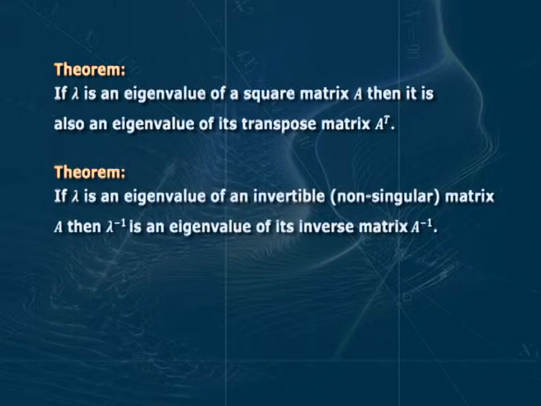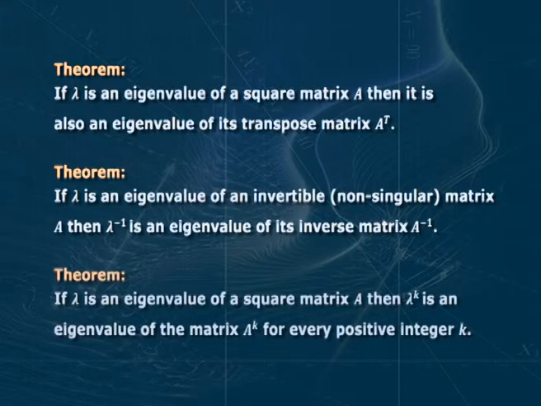Theorem: if lambda is an eigenvalue of an invertible or non-singular matrix A, then lambda inverse is an eigenvalue of its inverse matrix A^(-1). Theorem: if lambda is an eigenvalue of a square matrix A, then lambda^k is an eigenvalue of the matrix A^k for every positive integer k.